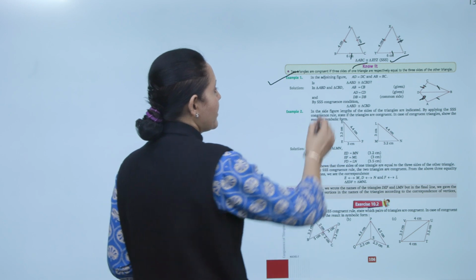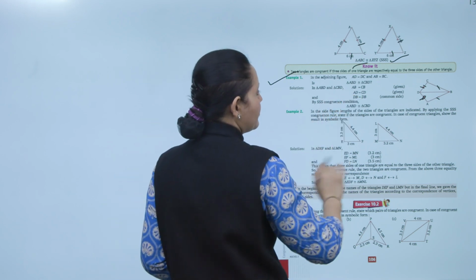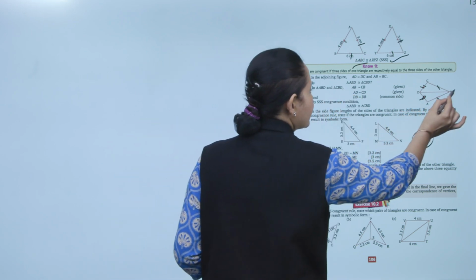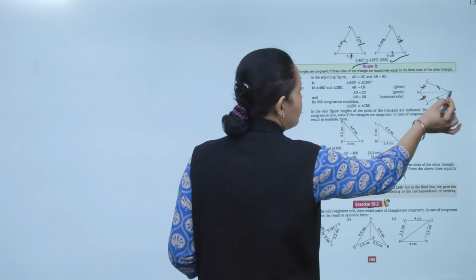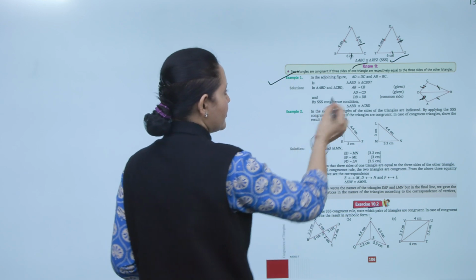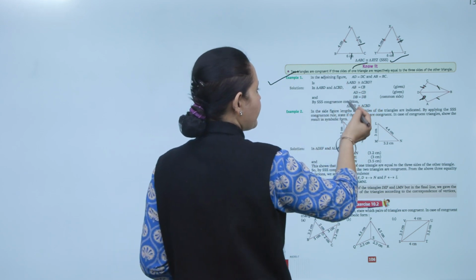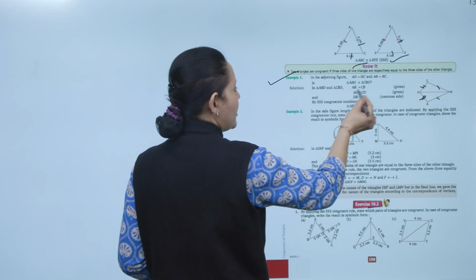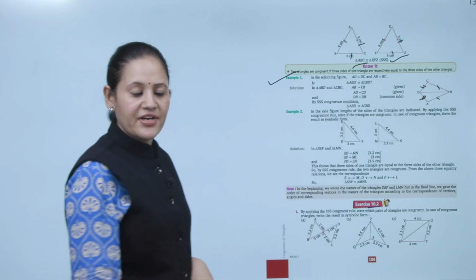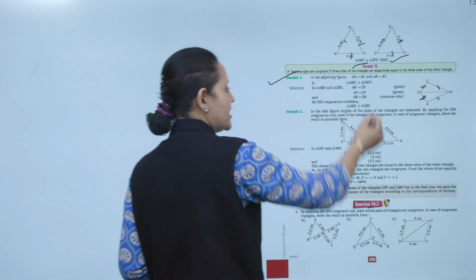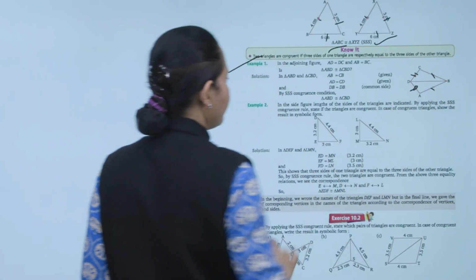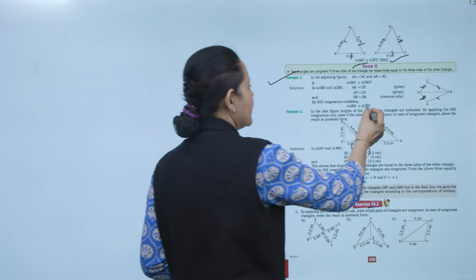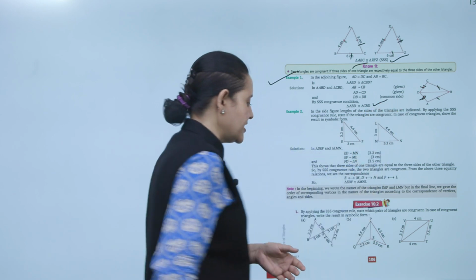So, in triangle ABD, AB is equal to BC, and CB. So, here AB equals CB that is given, AD equals CD that is also given, and this is the common side DB. So, that means triangle ABD is congruent to triangle CBD.